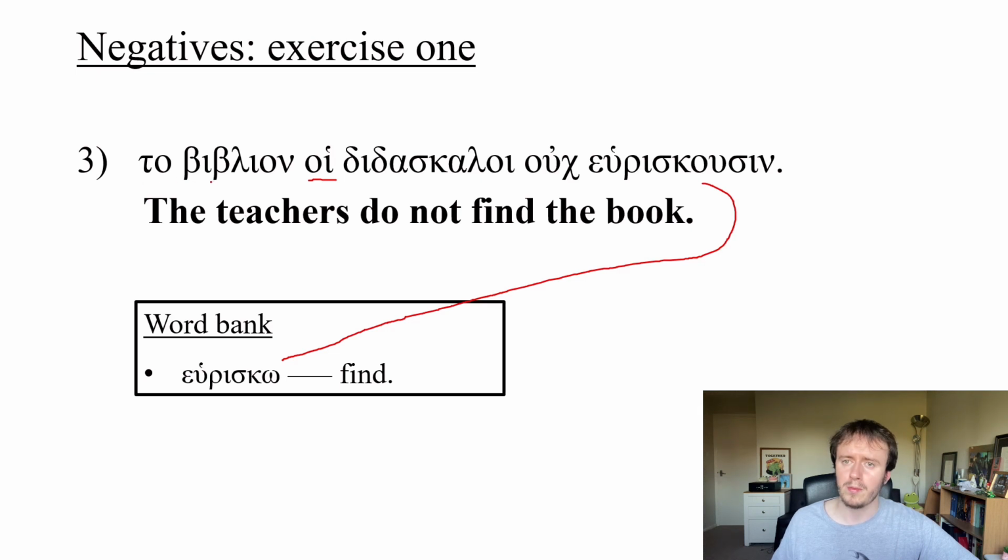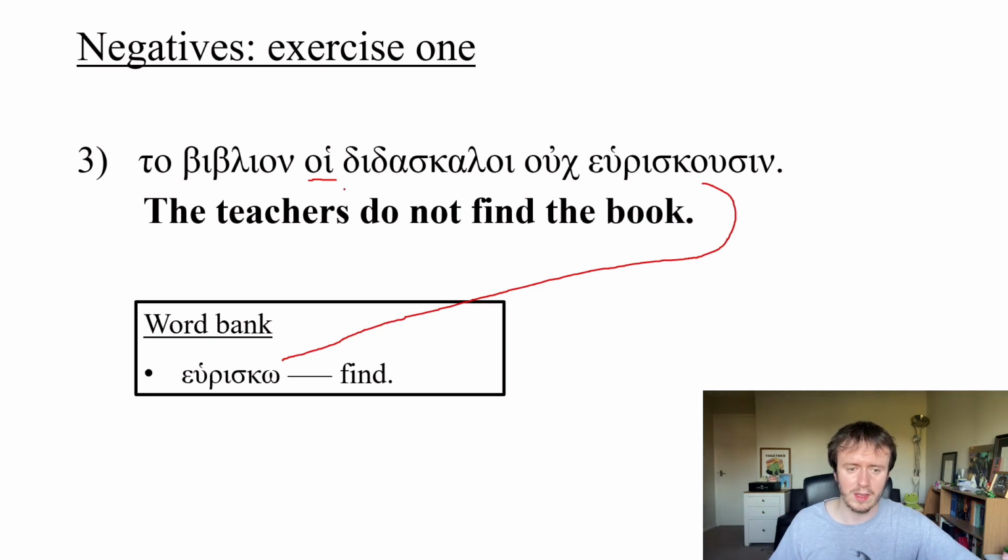And then that leaves to biblion. To biblion, out of context, could be either nominative or accusative, singular, but in context, because we already have a nominative, namely the teachers, to biblion has to be accusative. And in this sentence, it is the direct object. It is the thing not being found.